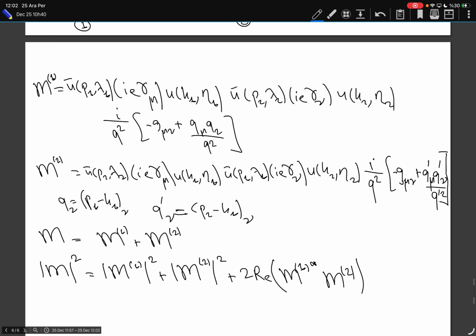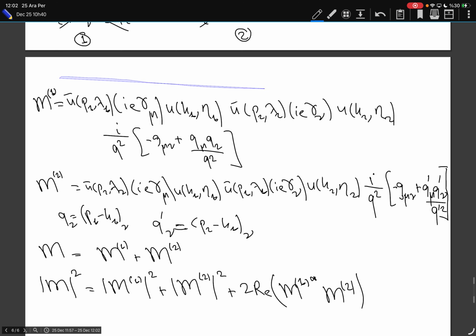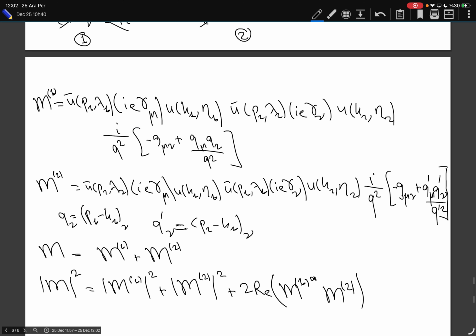Let us look at one of them. What is M1 squared? Now, when I'm calculating, remember, look at these terms, and keep in mind that U bars, they are matrices. U bar is a row matrix. This is a row matrix. This is a square matrix. This is a column matrix.